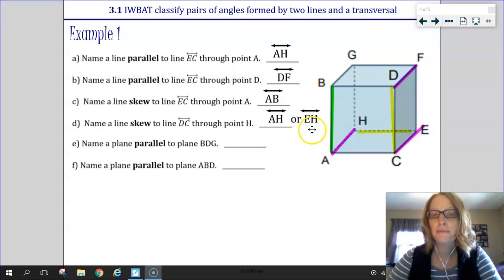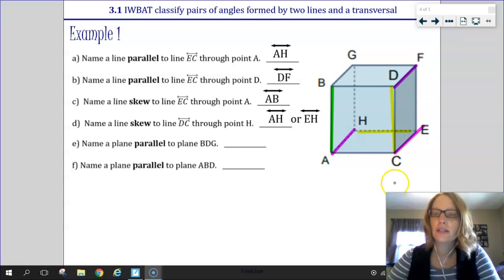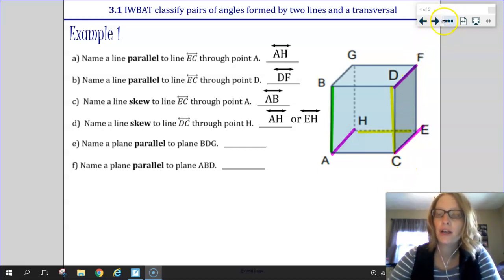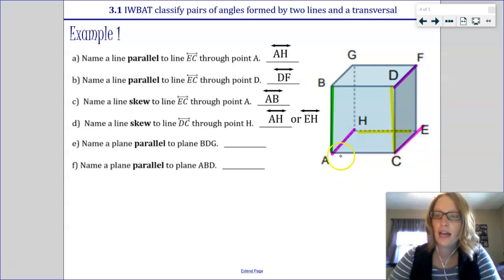Another example could have been E to H, or A to H would have also been a skew line. So notice E to H is one skew line because it's in the back of the box. However, a second example of a skew line, we also could have said the line that goes from A to H.